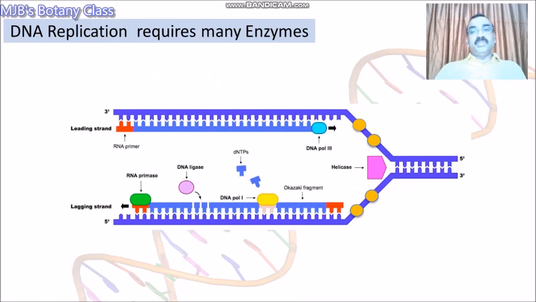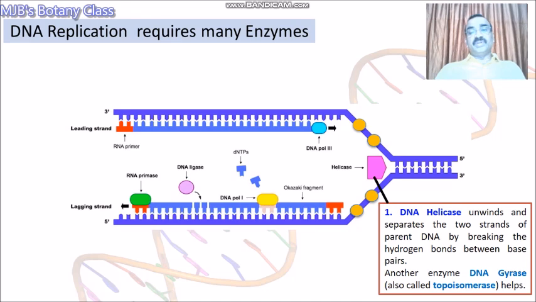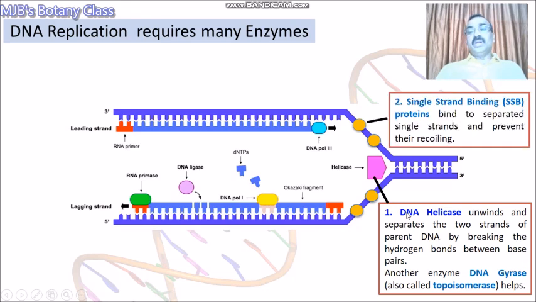Now, as I said, replication requires several enzymes. Let us try to understand the functions of each of these enzymes. The first set of enzymes needed are called DNA helicase and DNA gyrase or topoisomerase. What they do is separation of the double strands. So the parent double helix unwinds by the action of these enzymes. And the next protein required is called single strand binding protein.